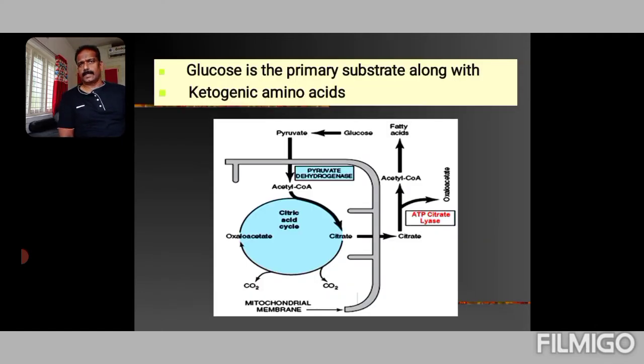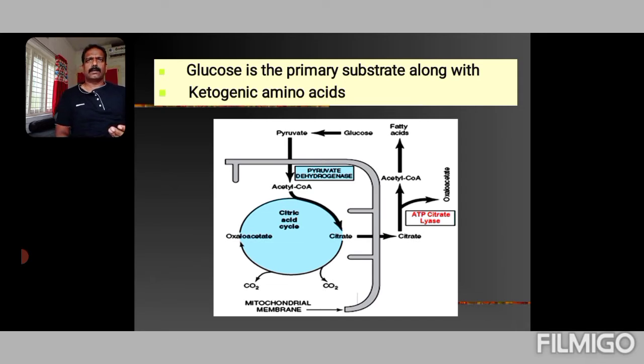And fatty acid synthesis primarily occurs from glucose. Glucose, as you know, is converted to pyruvic acid, which gets into the mitochondrial matrix, where it is converted to acetyl-CoA.